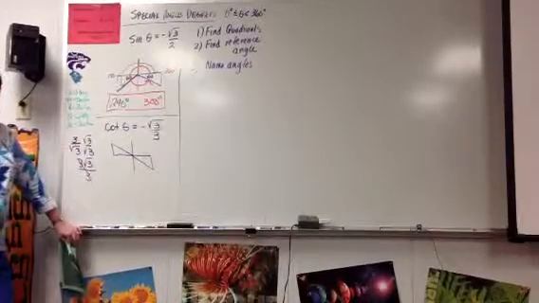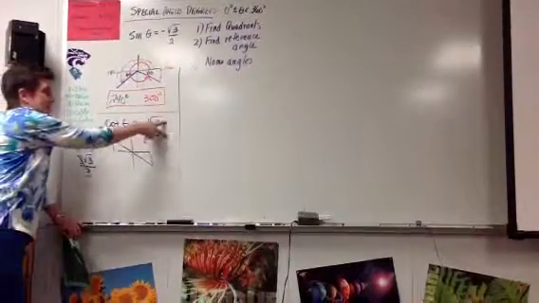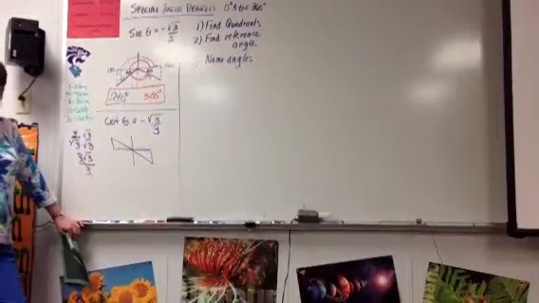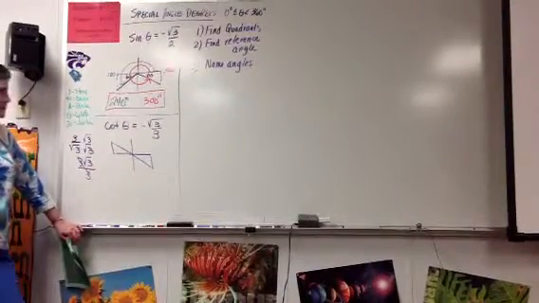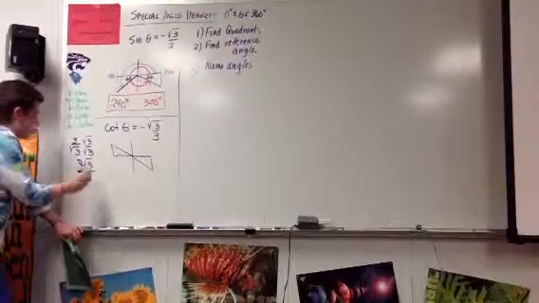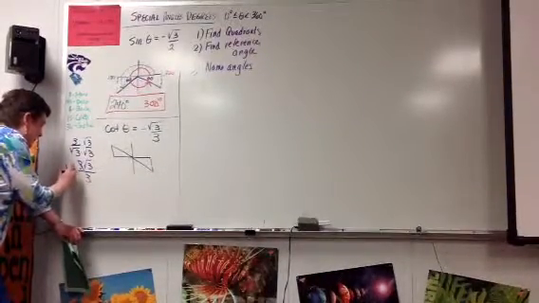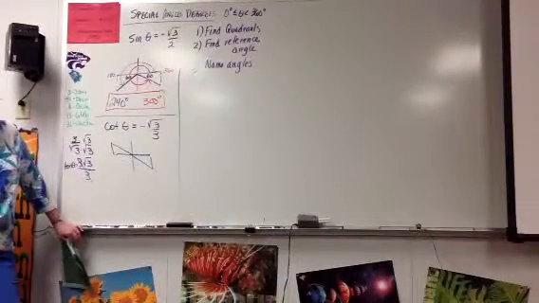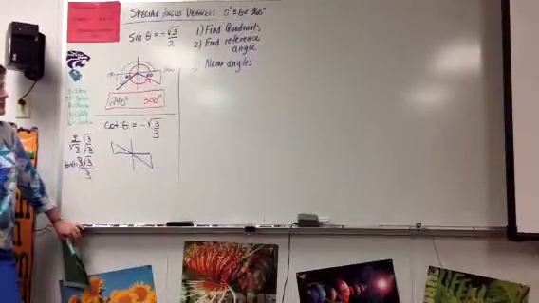If you remember the other day I told you, quickie thing to know, square root of 3 over 3, when you do the reciprocal, is just square root of 3. Square root of 2 over 2 flipped over is just square root of 2. So we actually need to know where tangent would be square root of 3, which is what angle?